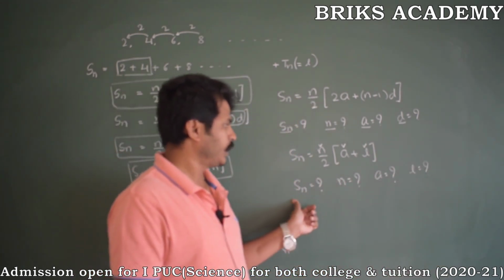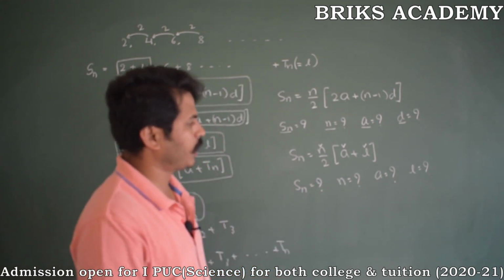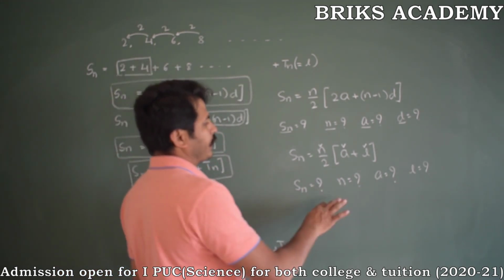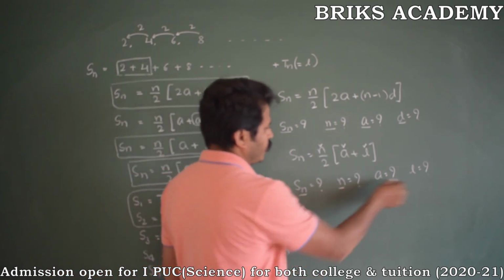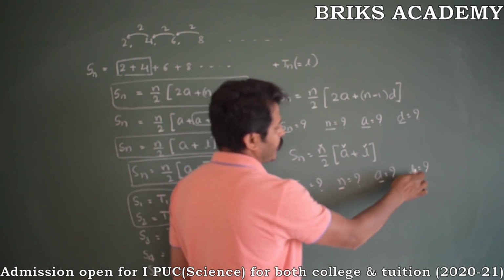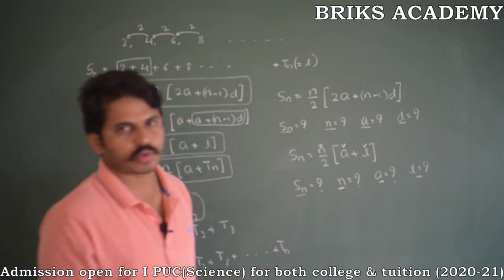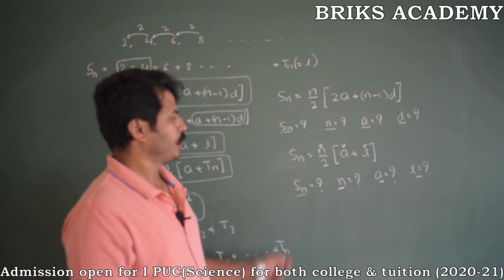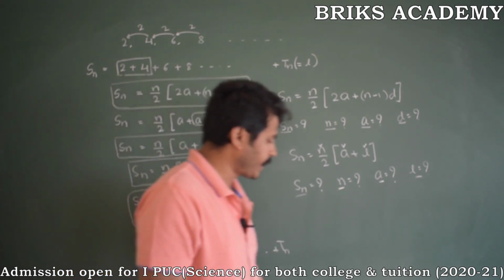There are again 4 unknowns, out of which 3 they will give, the 4th one you have to find out. Maybe they give these and ask to calculate this, or give these and ask to calculate that, or give 3 of these and ask to calculate the other, and so on. So I will try to do one problem in each case. Let us try to do one problem in each.